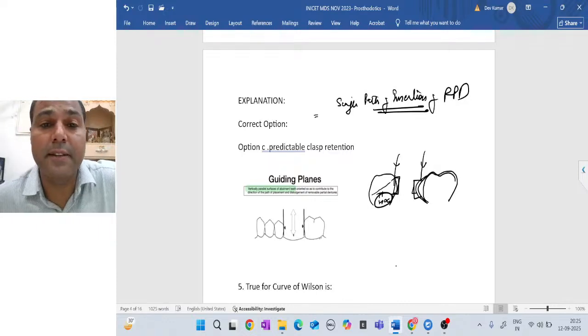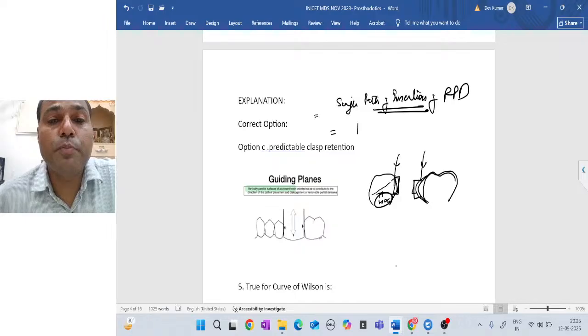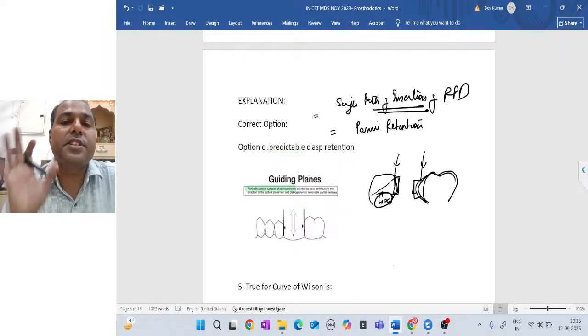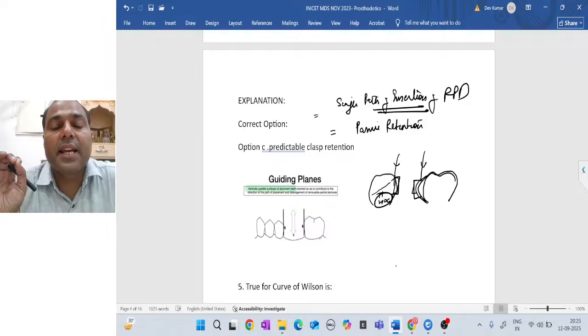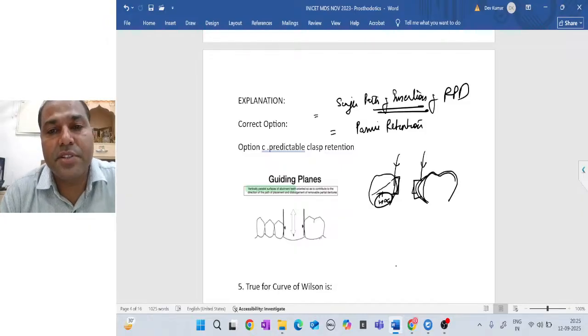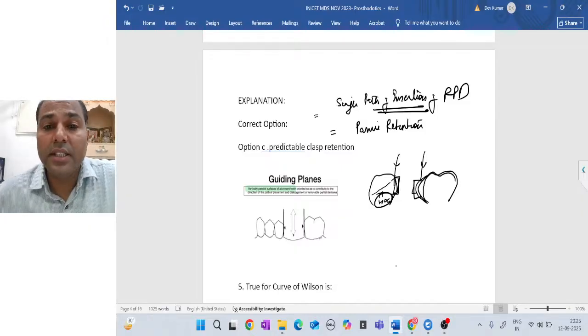Other thing is that it also produces passive retention. This is important. See, ideally in a cast partial denture, the retention can only be provided by the direct retainer, the extracoronal clasps or the attachments. Okay, but passive retention can be provided by the contact of the guide plane with the guide plate.